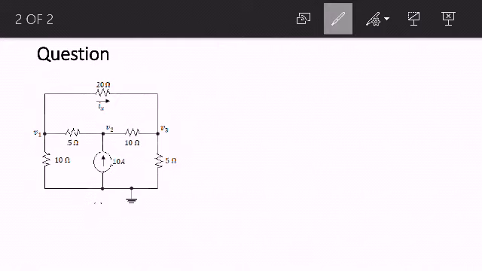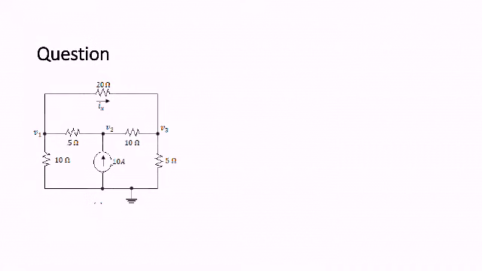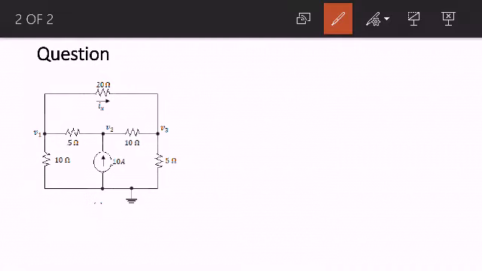Now at node 2, remember, let's pick our current positions. When we look at node 2, the current entering node 2 is the 10 amperes, and the one from V1 to V2, while the current leaving is going from V2 to V3.